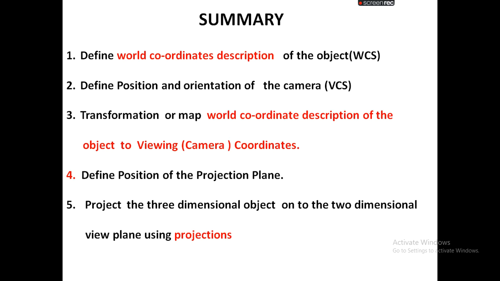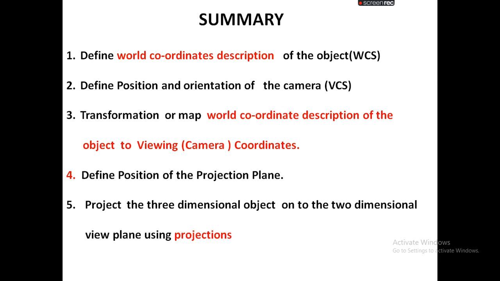Next, we need to define the position and orientation of the camera, that is called the viewing coordinate system. In the previous video lecture, we selected one fixed point in the world coordinate system.